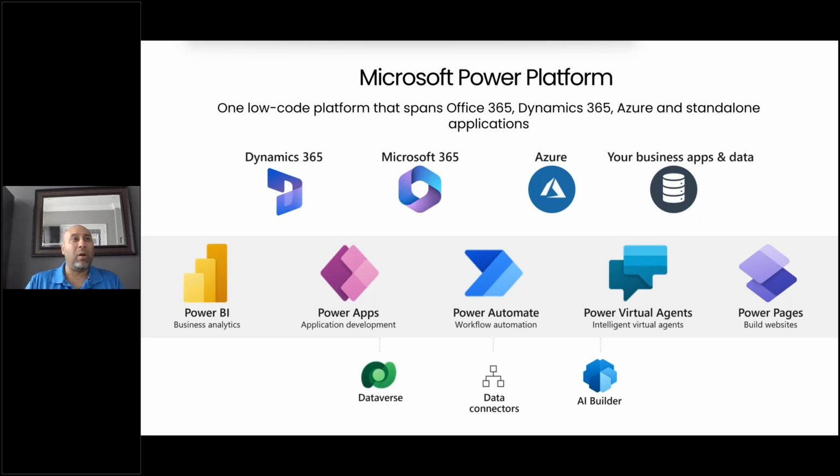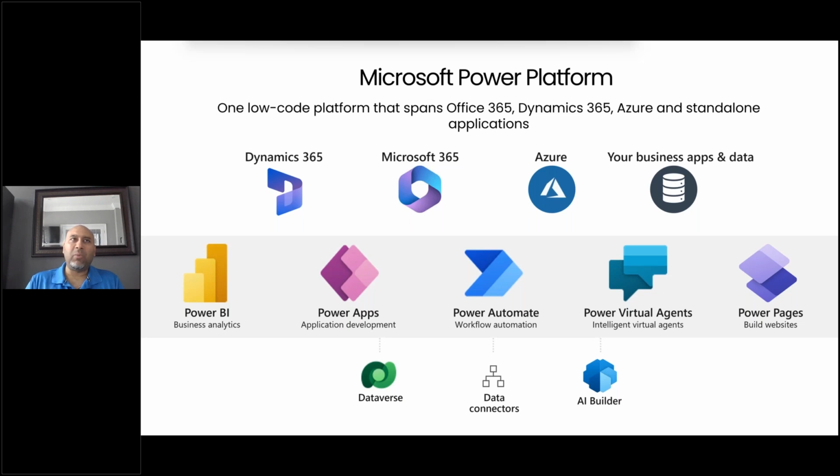Power Automate can do it all, on top of the robotic process automation capabilities that Power Automate gives you, where you can pass off some of those mundane tasks that you're doing manually and just have a robot do it. We have Power Virtual Agents, where you're creating these natural language chatbots in a really, really easy manner.